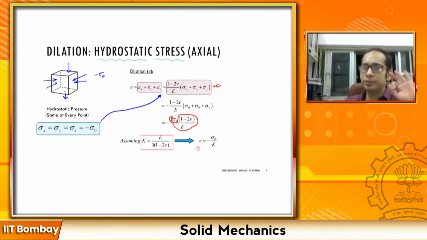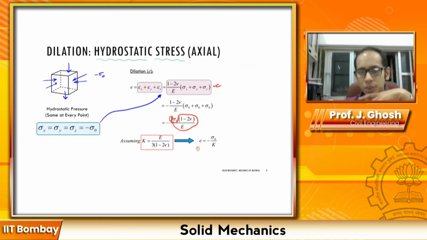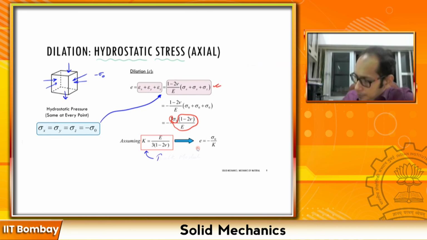Remember, we'll look at 3 different moduli, right? One was Young's modulus of elasticity, then we had looked at the shear modulus or the modulus of rigidity, that was G, right? And this is the last one, the bulk modulus K, which is related to the change in volume. So the K is essentially nothing but my bulk modulus.